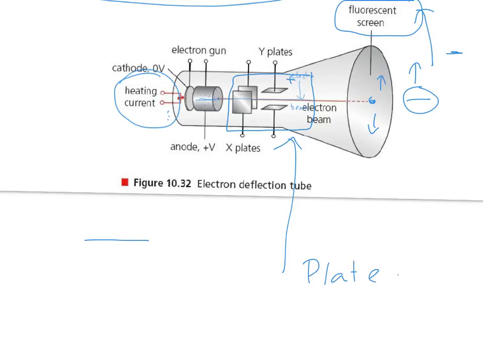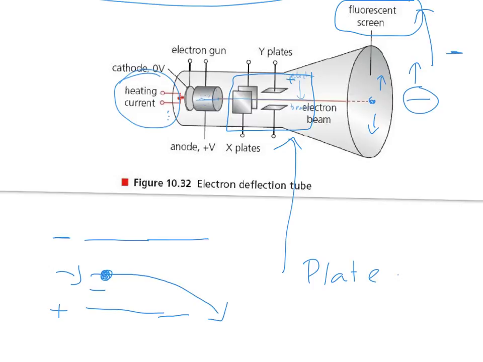You've got electrons moving inside plates, and of course you've got to be careful about the kind of physics you're using, because if it's moving in this direction, you've got a negative particle moving but experiencing a force perpendicular to it. Let's say this is a parallel plate and this is a negative plate.